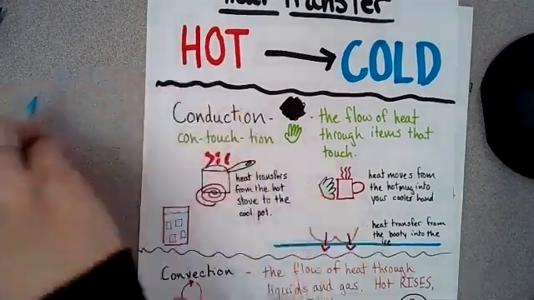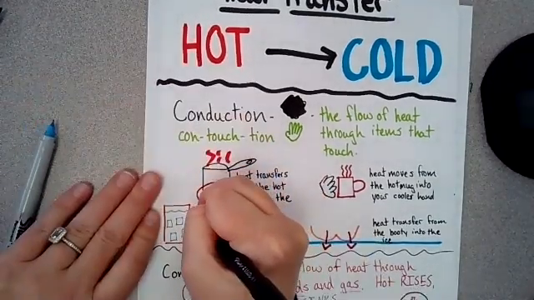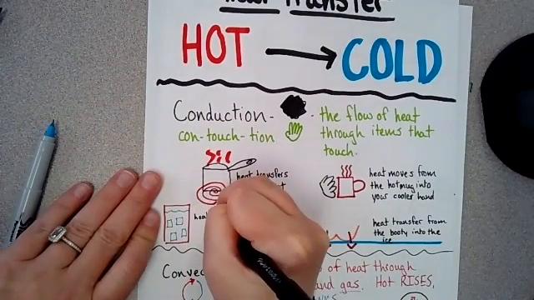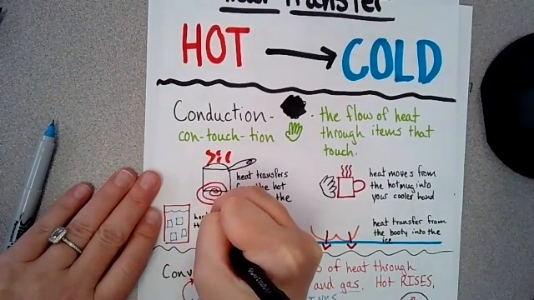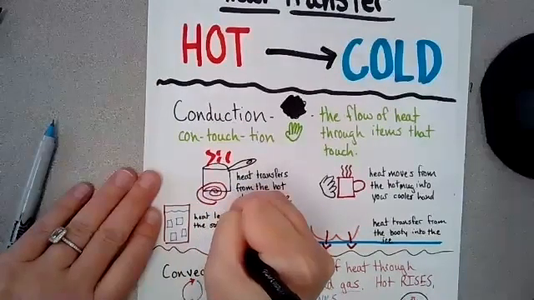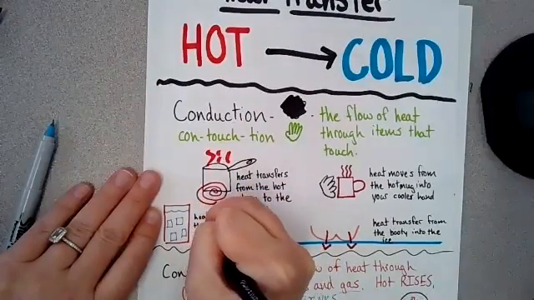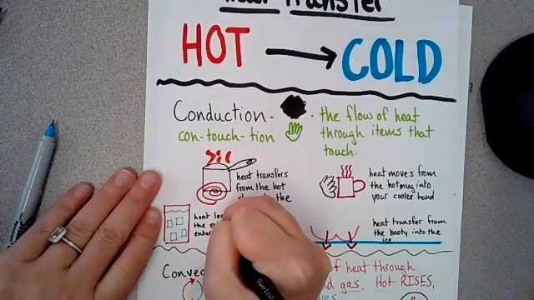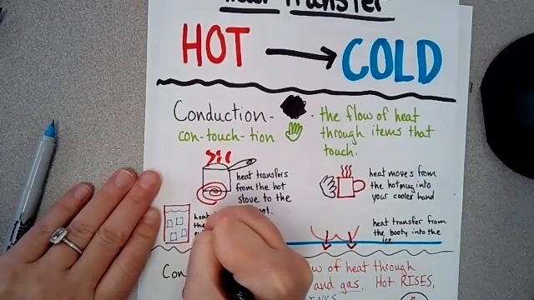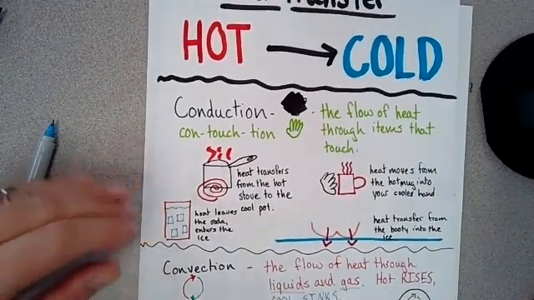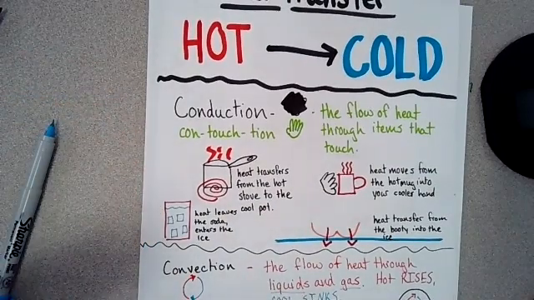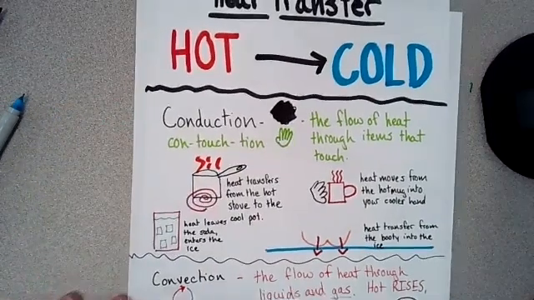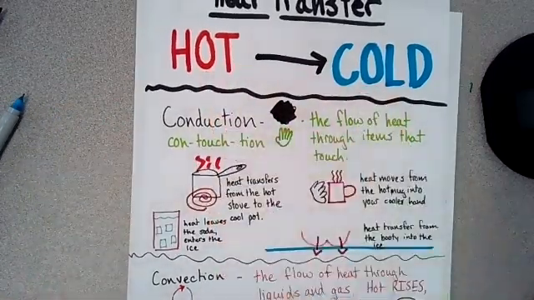So the heat leaves the soda and enters the ice. And that is the reason why your soda cools off, because it's losing heat energy. So heat always moves from the hot thing to the cold thing.